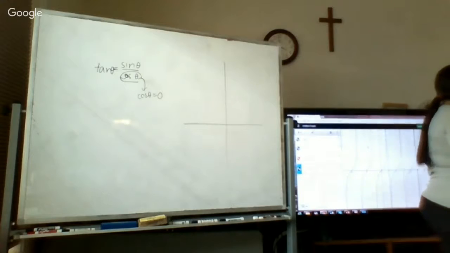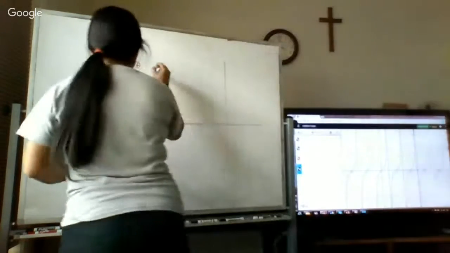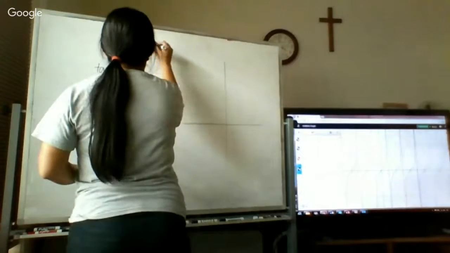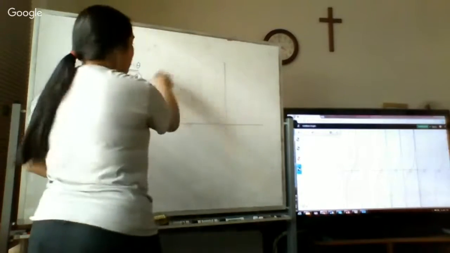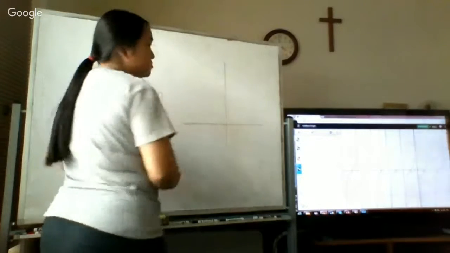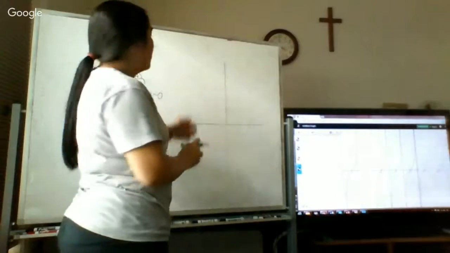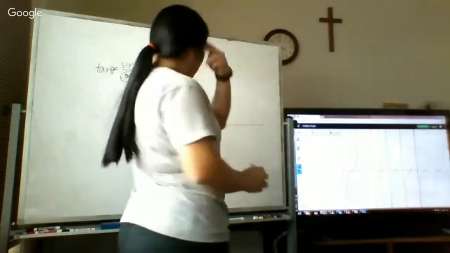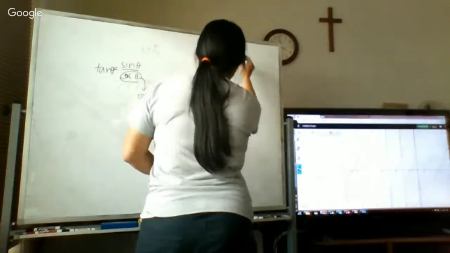Cosine is the x-coordinate. 0. Right. So at 90 degrees, at pi over 2, when theta equals pi over 2, then tangent of theta is sine over cosine, which is 1 over 0. Is that okay? No, we can't do that, right? So that's why we're going to have an asymptote there. So pi over 2, an asymptote.